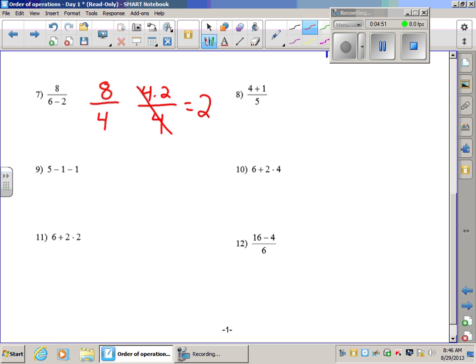Number 8, the top is a quantity, again because of the fraction bar. So 4 plus 1, that's going to be 5. Divided by 5, that's just 1. Number 9, you have 5 minus 1 minus 1.